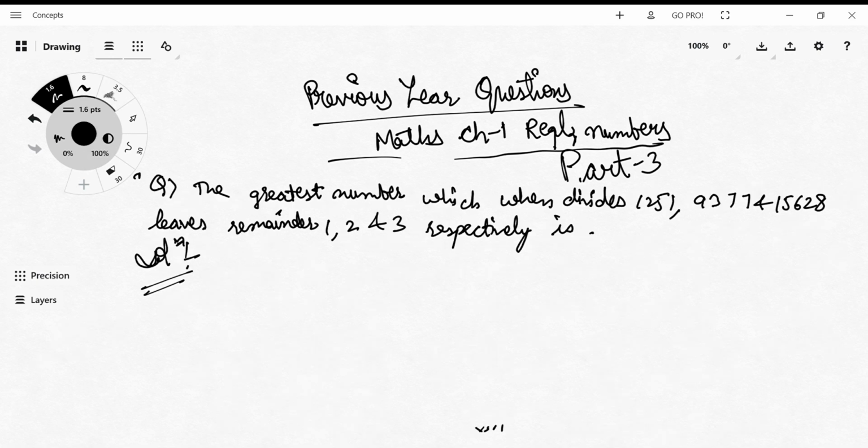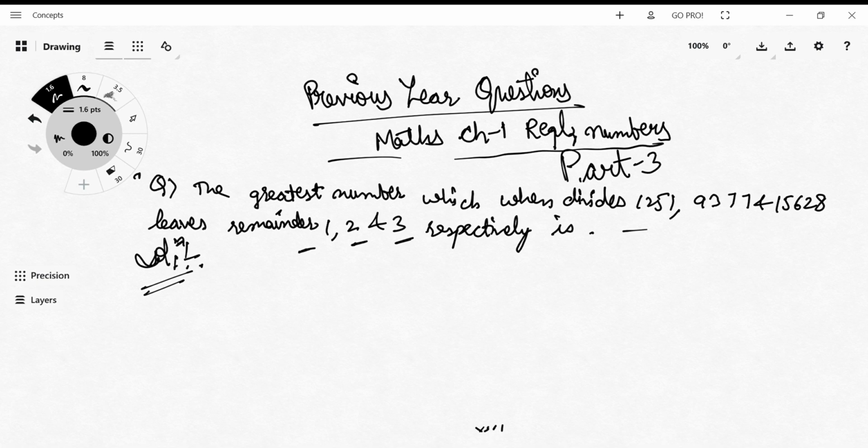The question is: the greatest number which divides 1251, 9377 and 15628, leaving remainders 1, 2 and 3 respectively, is? This is basically a one marker question, right? What we will do is first subtract the extra values from the given numbers.